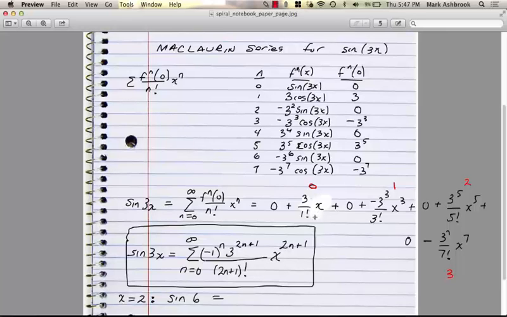It would be the same as plugging 2 into all these x values, and it would give you an approximation for sine of 6. You can plug x equals 2 in here, or you can plug the 2 in here, and that would give you an approximation of specifically sine of 6.